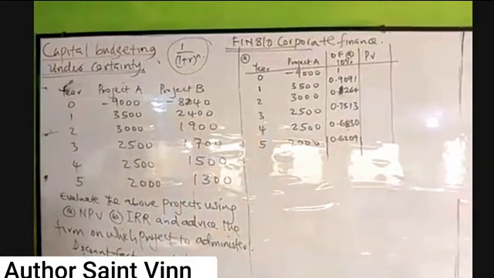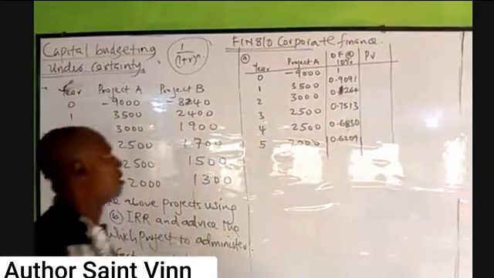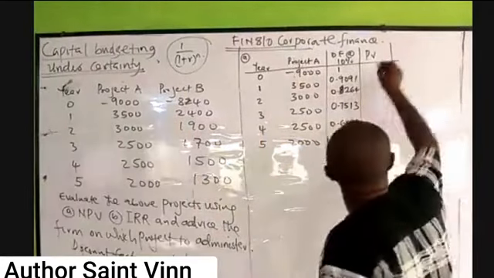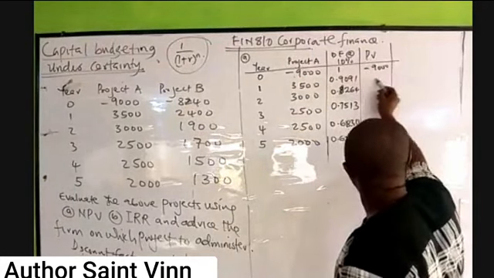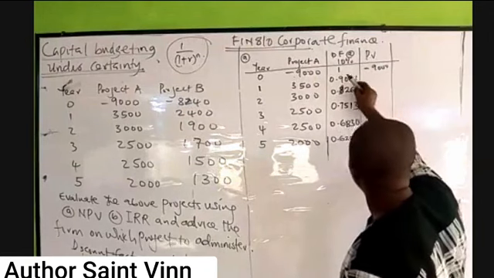We've got this value. I know we have done it before. But at least we are multiplying. We got minus 9,000. You know what we got here? This times this.